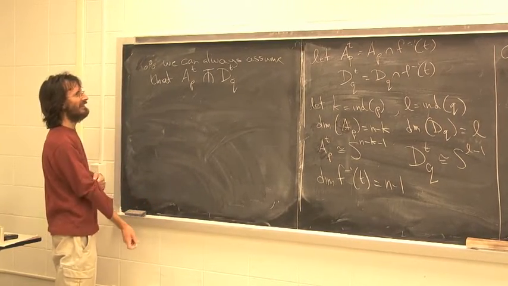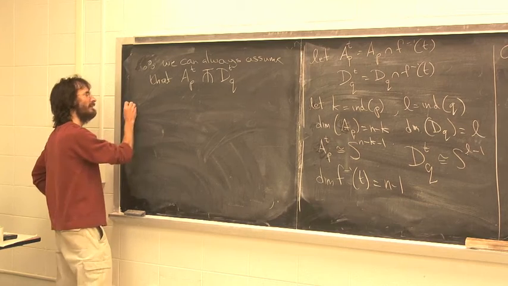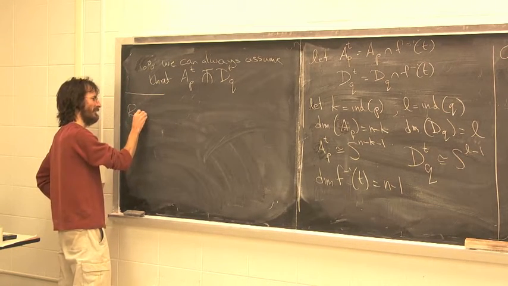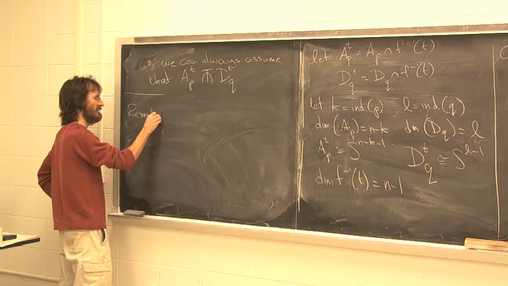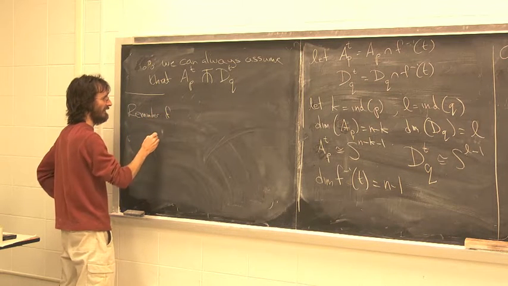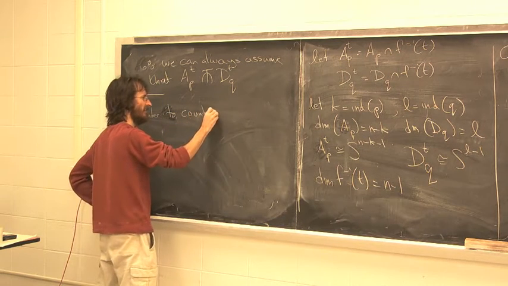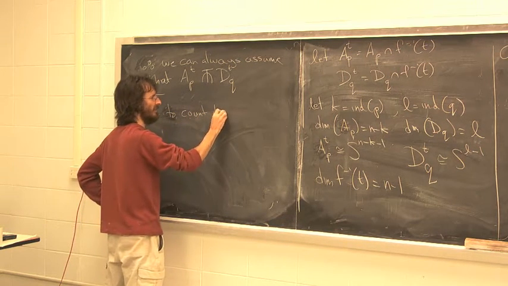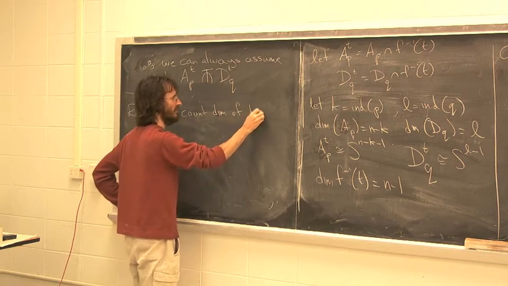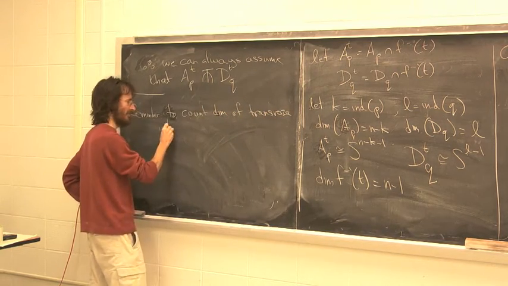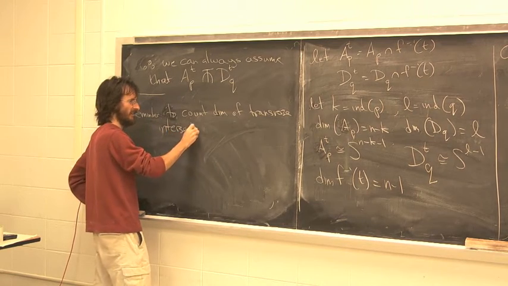Here's a reminder: to count the dimension of a transverse intersection, you don't count dimensions, you count codimensions.